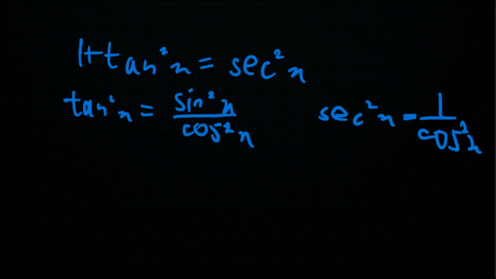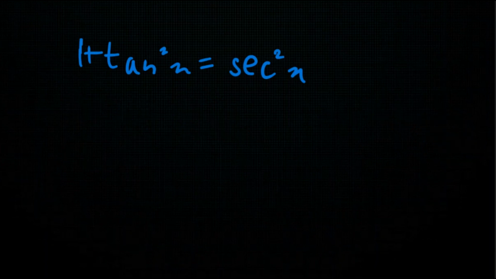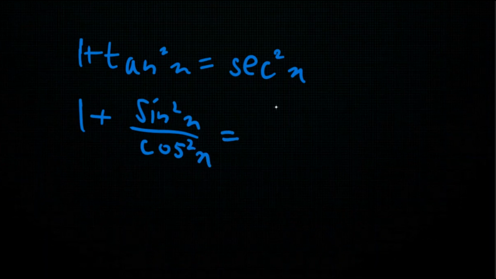So now let's input these values in the equation: 1 plus sine squared x by cosine squared x equals 1 by cosine squared x.